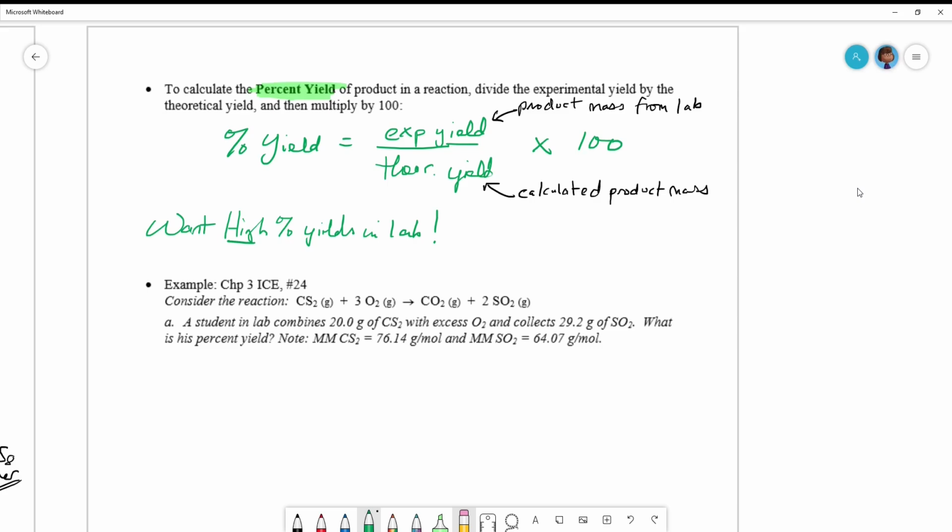Low errors lead to high yields. And in fact, these high percent yields are ultimately evidence of good lab technique. It means that you're losing less product as you follow the step-by-step procedure. So this is evidence of better lab technique.